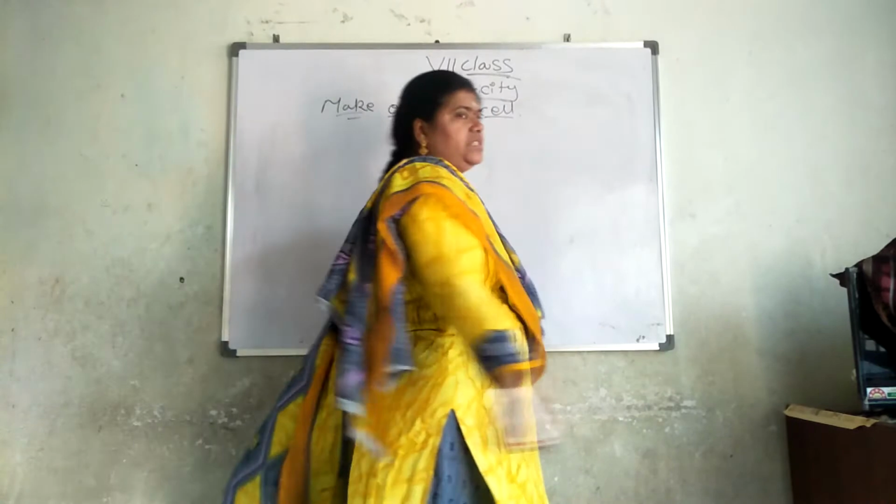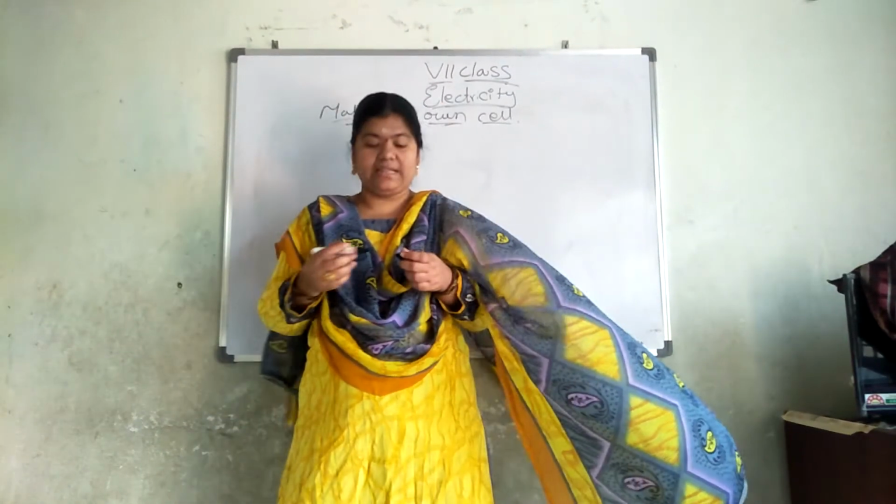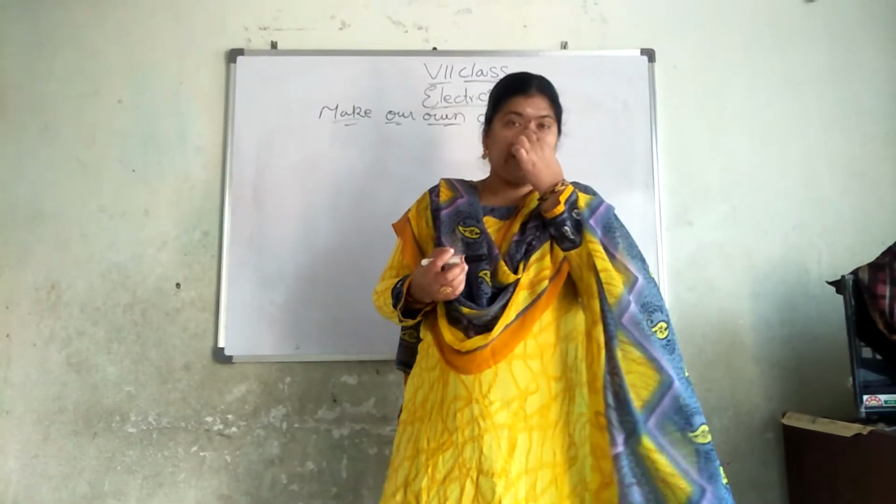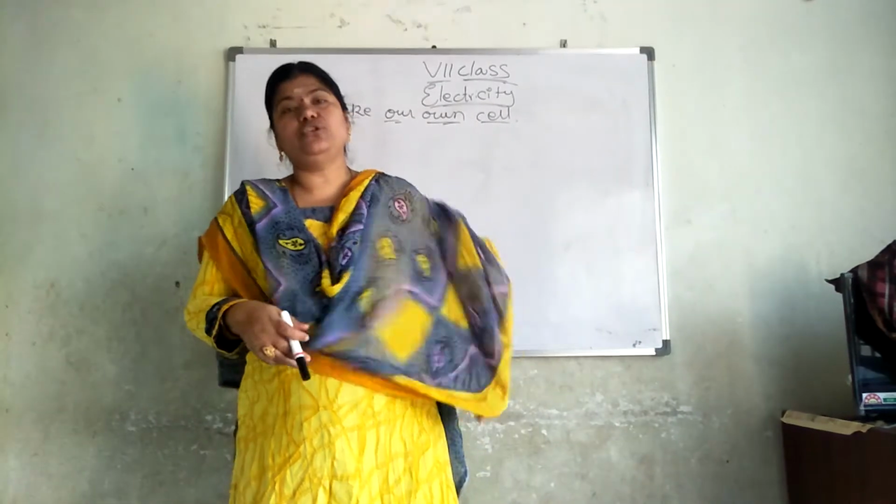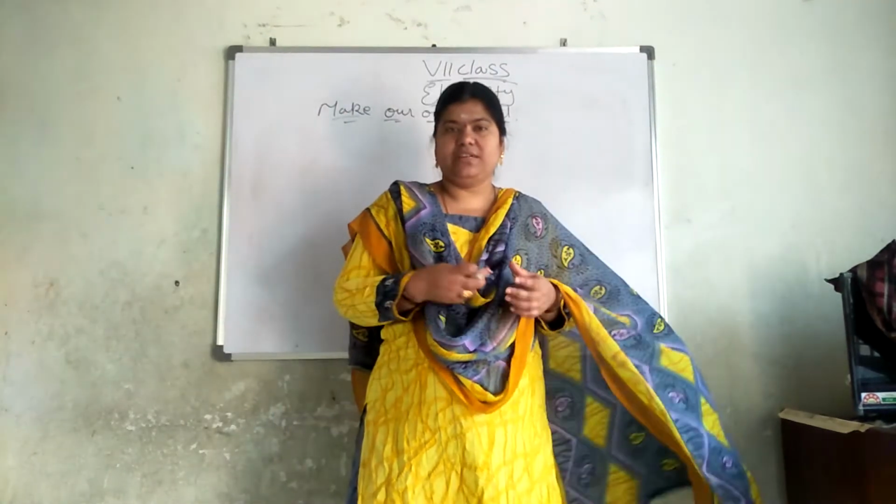It will be very interesting if we are making our own cell at home, and if we are using that for the sake of the bulb to glow, it will be very interesting. Is it correct or not?